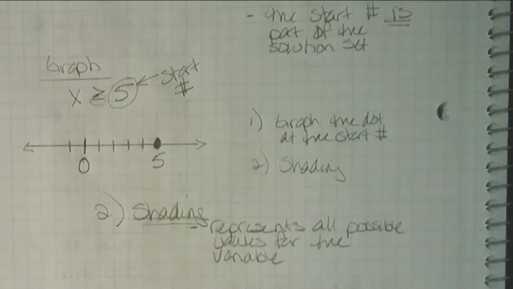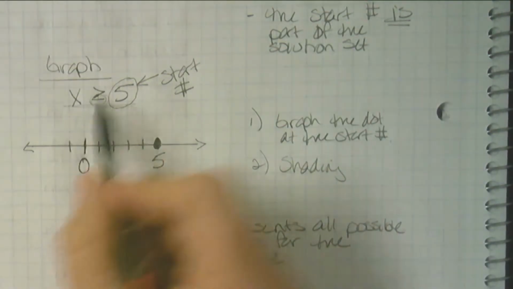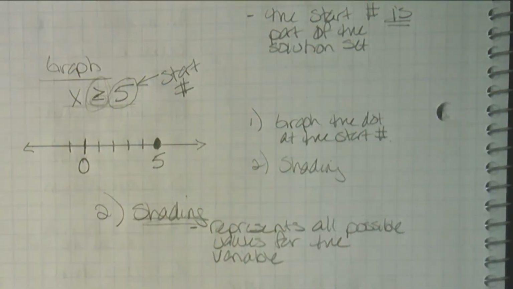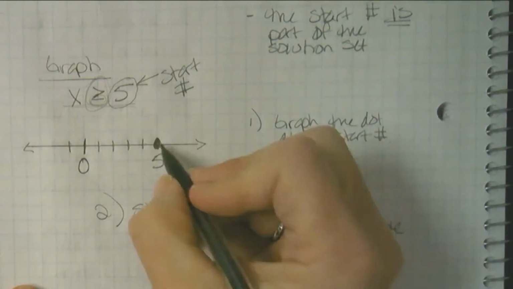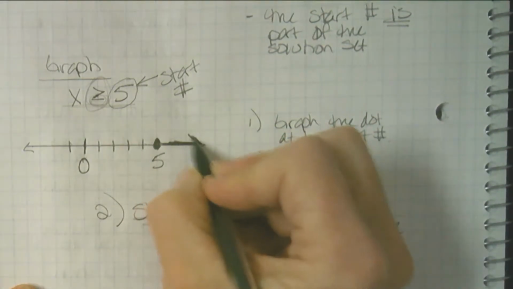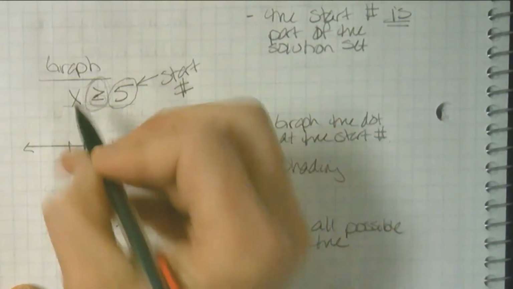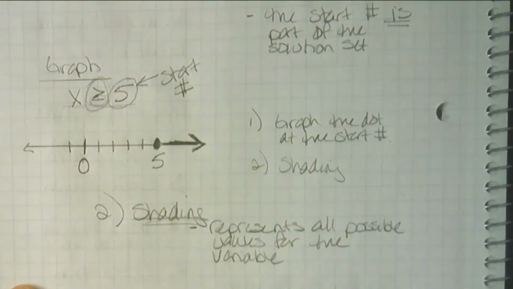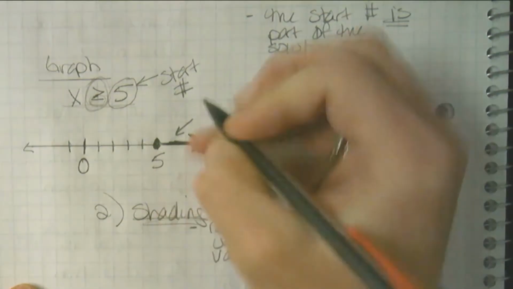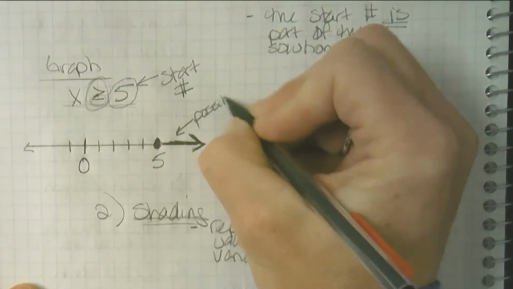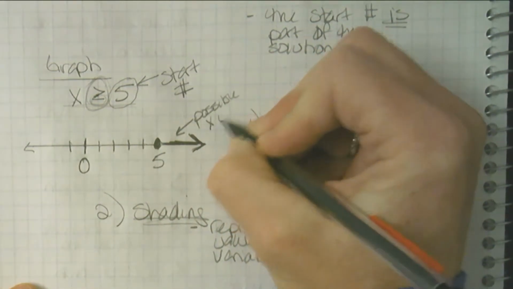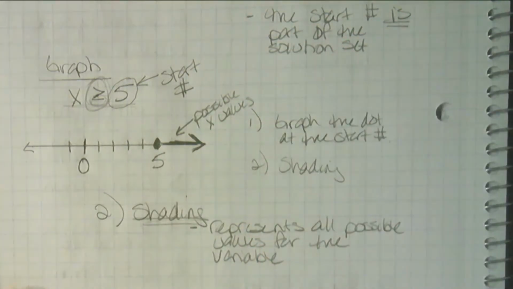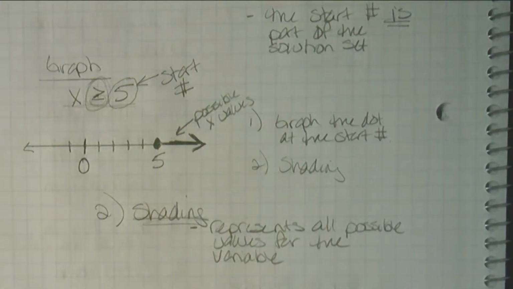Come on, everyone's looking. Are all my variables bigger than my 5 or smaller than my 5? Victoria? They're bigger. So I'm going to shade bigger because the x is greater than the 5. That shading is my possible x values. That's what that shading represents.